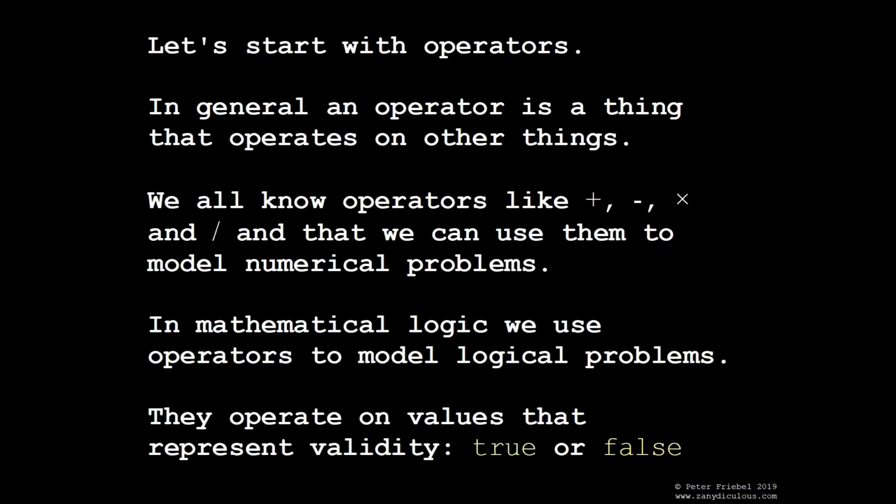They operate on values that represent validity, true or false. Now, of course, there are various types of logic. In fuzzy logic, you don't have such a tight boundary between true and false. But we are looking at one particular type of logic here that only uses the values true and false.